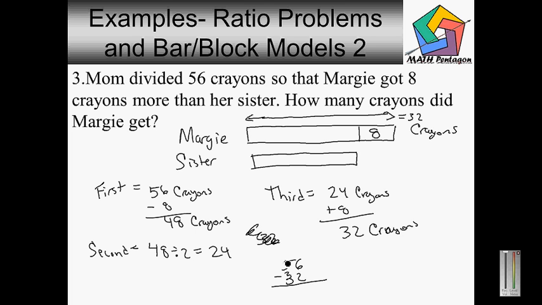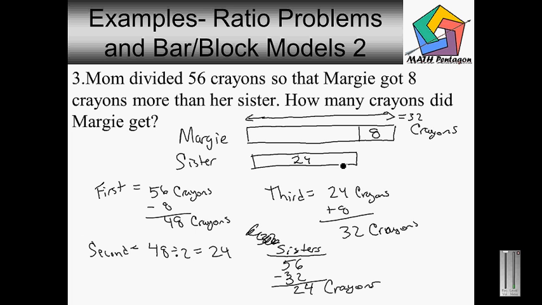So 56, which is the total number of crayons, minus 32, which is Margie's crayons. So 56 minus 32, so 6 minus 2 is 4, 5 minus 3 is 2. So the sister has 24 crayons.